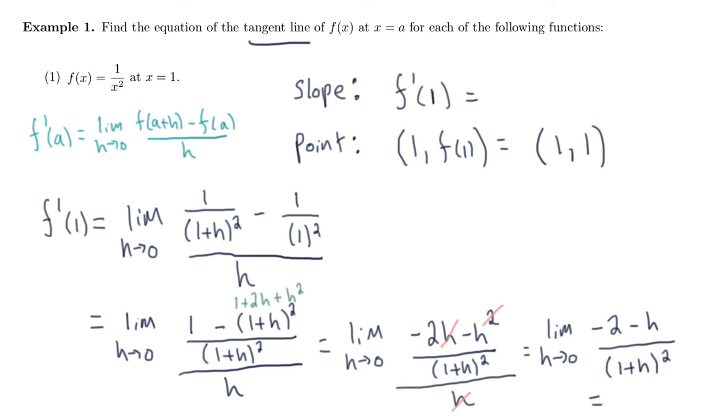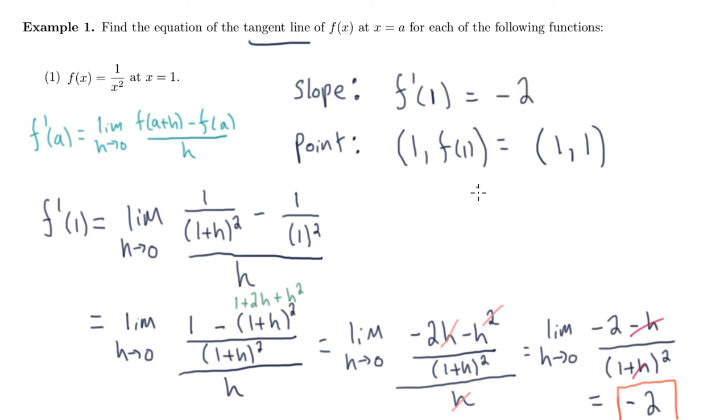Okay, and now I can just evaluate. I can just plug in h equals 0, take the limit, so this is going to 0. So that's gone, and then that h is gone. 1 squared is just 1, so it looks like the slope is just negative 2. Okay, so the slope is negative 2.